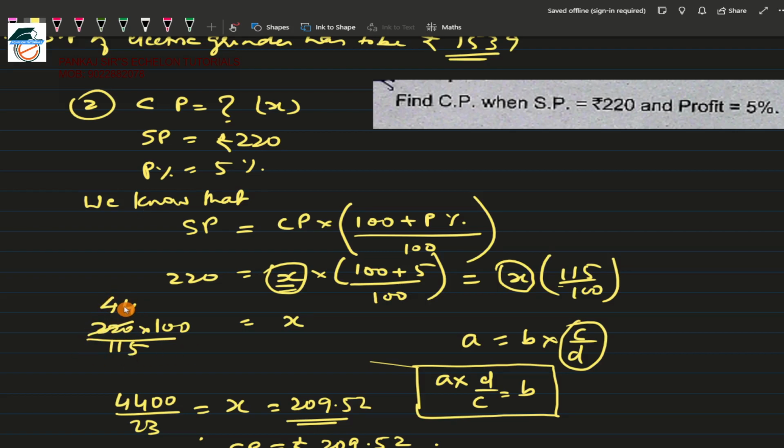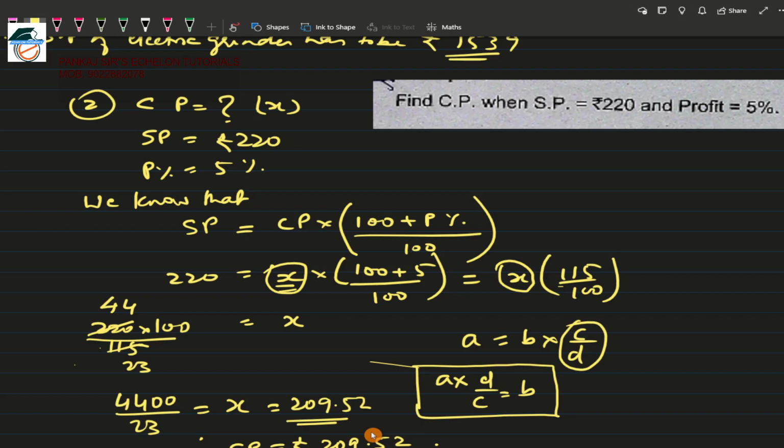And 115 divided by 5, you get 23. That's correct. So 4400 divided by 23 should be equal to 191.30. I don't know why this book is showing the answer. Is it 5%? Yeah, 5%. That's correct. Absolutely correct. Fine.